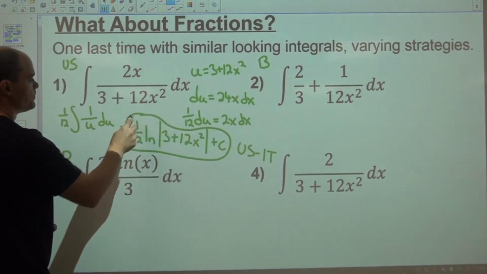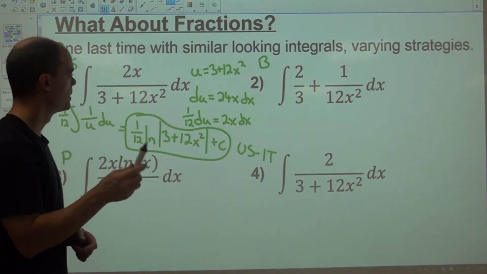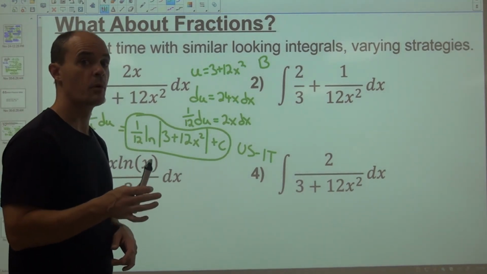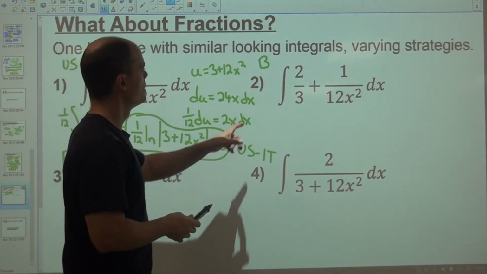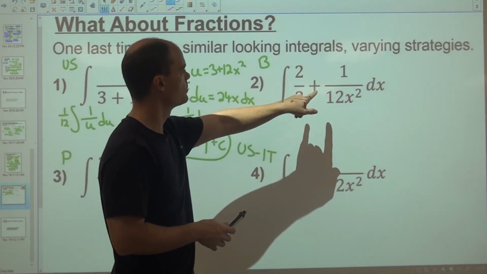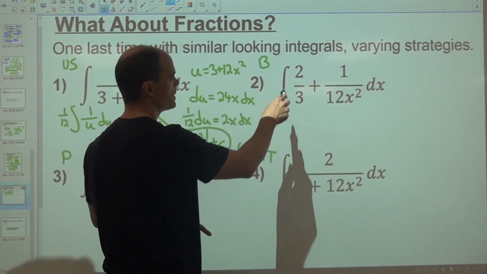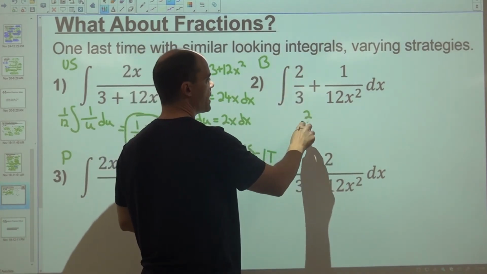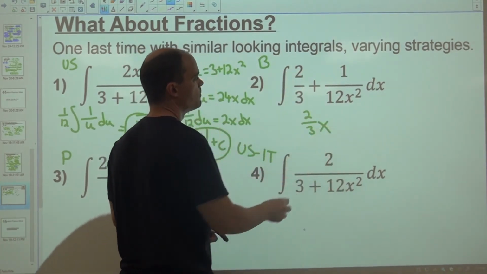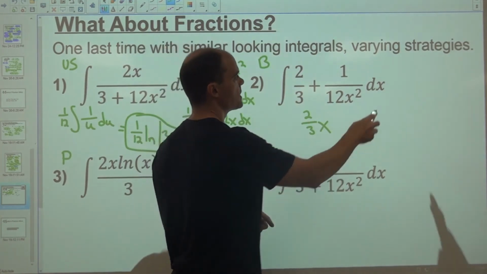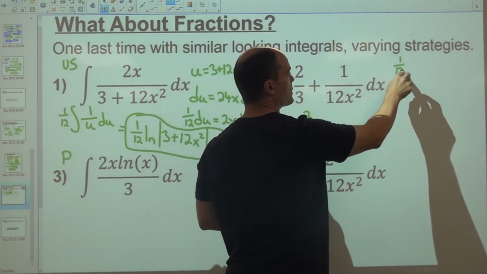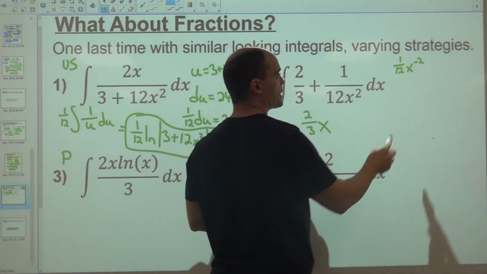Voila. This marker's been much better. I'm going to make a nice remark about this. So anti-deriving this is a standard rule. Let's be a little careful with this, but I know this is just 2/3 x. And what does this say? This says the same thing as 1/12 x to the -2nd.